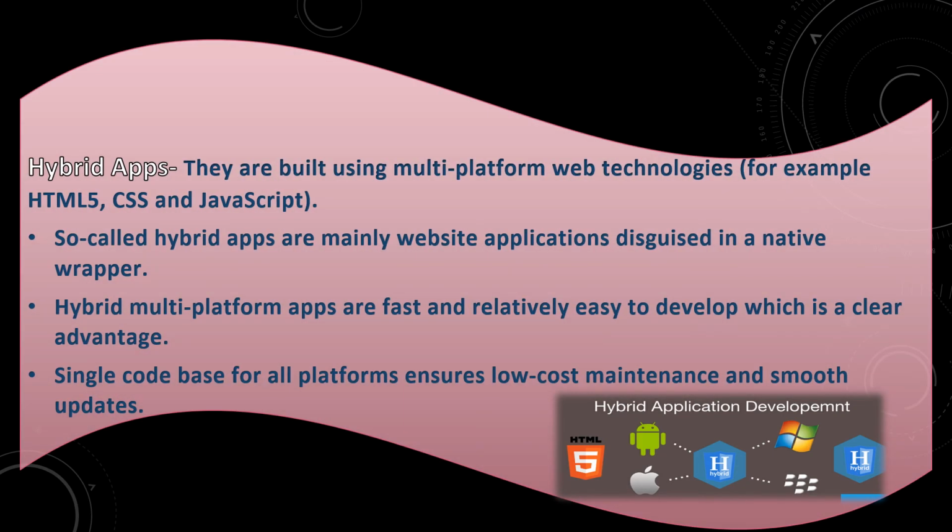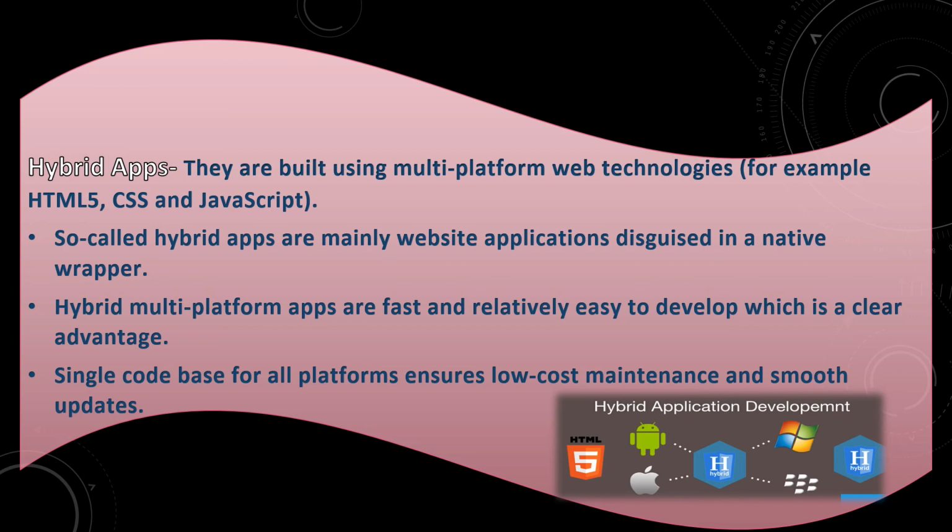Second type of app is hybrid app. Such apps are built using multi-platform web technologies, for example, HTML5, CSS, and JavaScript. Hybrid apps are mainly website applications disguised in a native wrapper. Hybrid apps are fast and relatively easy to develop, which is a clear advantage.